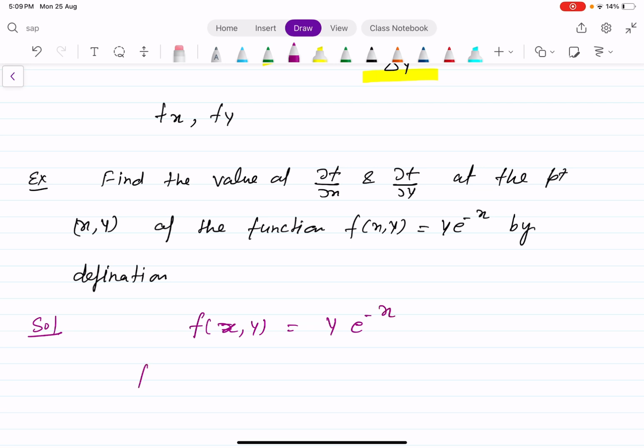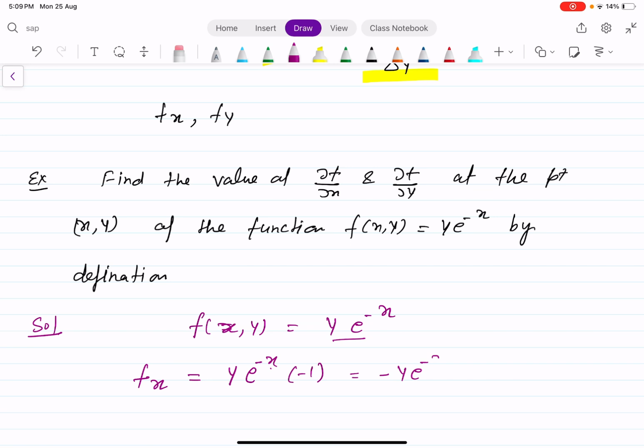If we compute it directly, the derivative of f with respect to x, del f over del x, means we keep y constant. So y remains as it is, and the differentiation of e raised to power minus x is e raised to power minus x into minus 1, since the differentiation of minus x is minus 1.